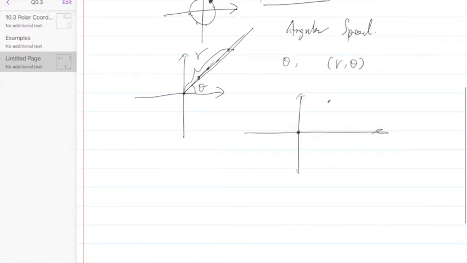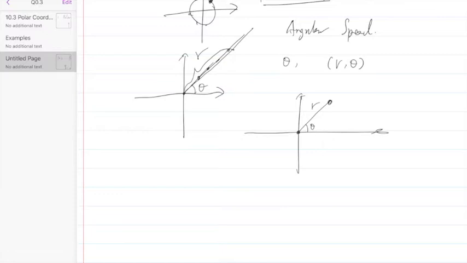So basically, if I tell you r and theta, where r represents the distance from the origin, and theta is how big the angle is, you will know the location of this particular point. And from here you can see it's very easy to use this kind of coordinate system to handle angular speed and angular rotations, simply because you have an angle involved.